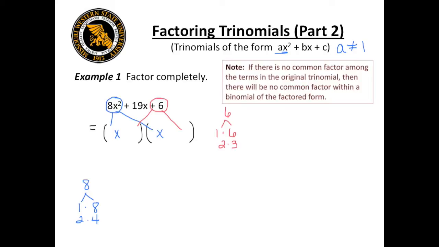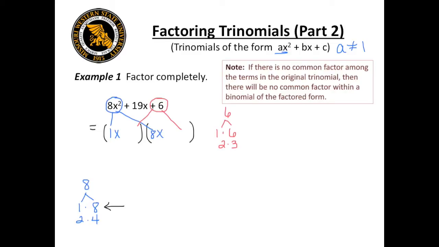However, we have to start somewhere, so let's begin by using the first factor pair for 8. At this point, it doesn't matter where we place those two factors in our binomials. That is, we can place the 1 in front of the x in the first binomial and 8 in front of the x of the second binomial, or we can reverse those placements.